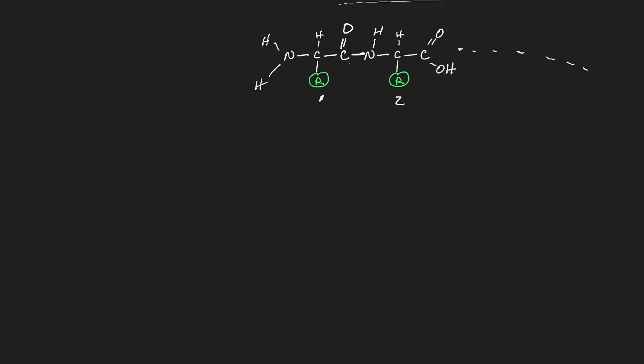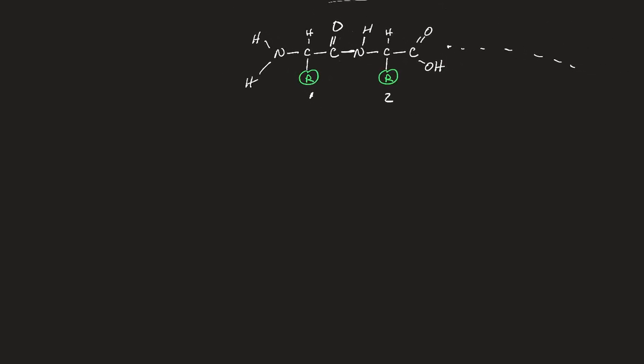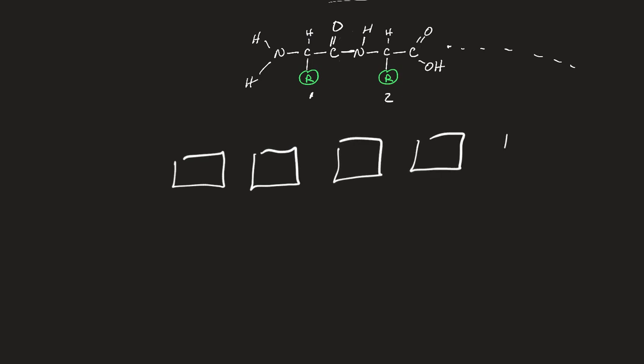So I'm going to simplify the drawing. Instead of adding all the atoms, I'm going to put the amino acids as blocks, if you don't mind, in white, representing the white that you see above. And then they're bonded through a peptide bond to each other.